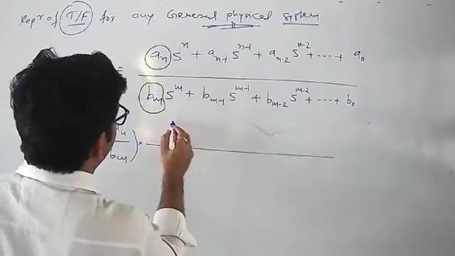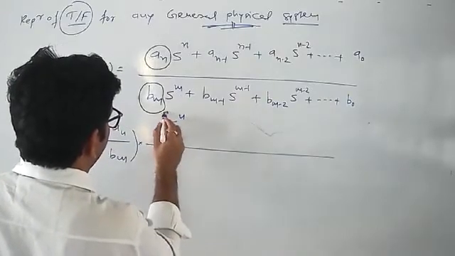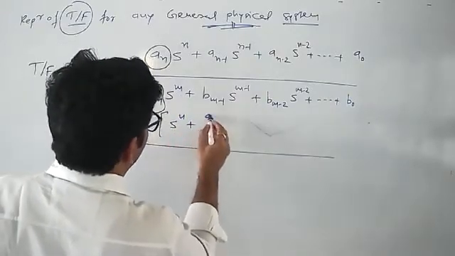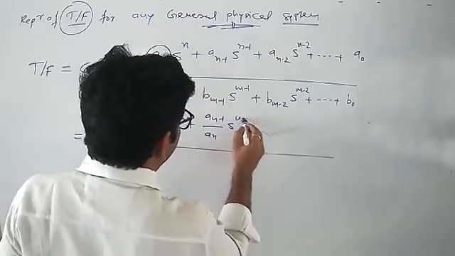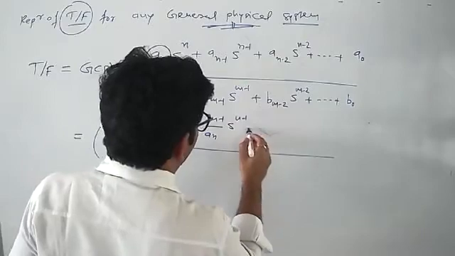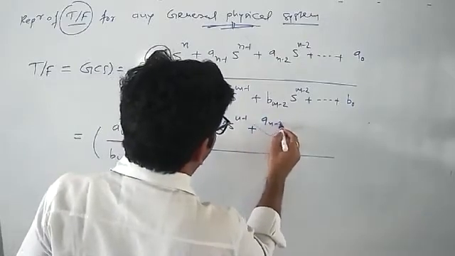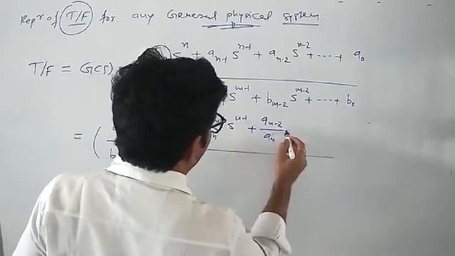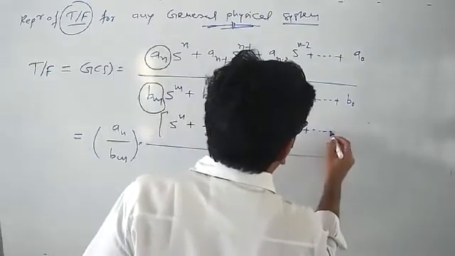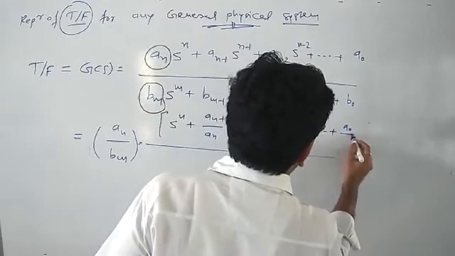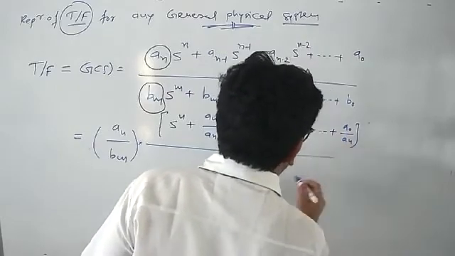So here we are having s to the power n plus a_(n-1) divided by a_n times s to the power n minus 1 plus a_(n-2) divided by a_n times s to the power n minus 2 plus and so on, and finally here we are having a naught divided by a_n.